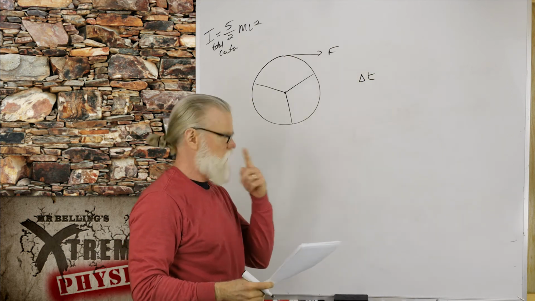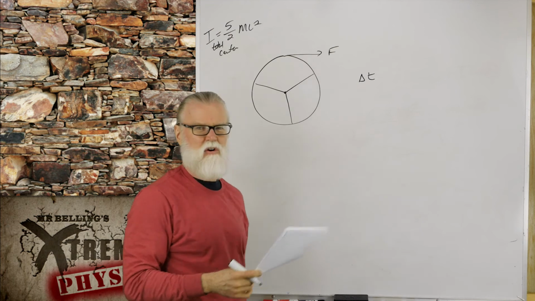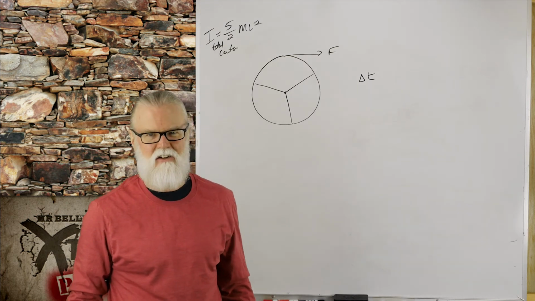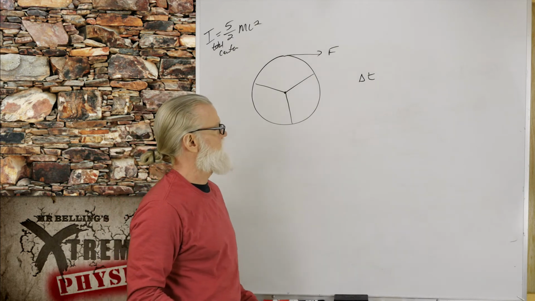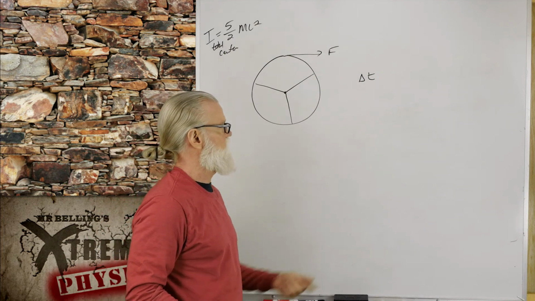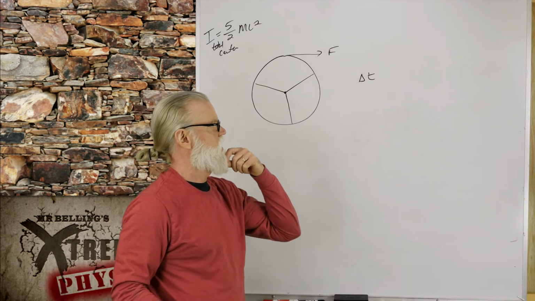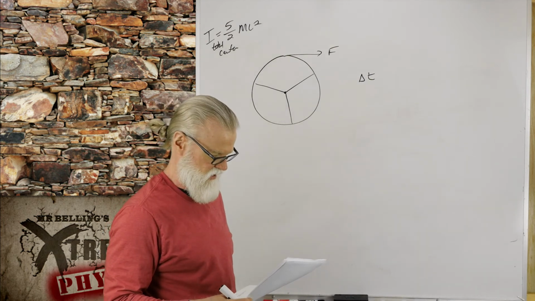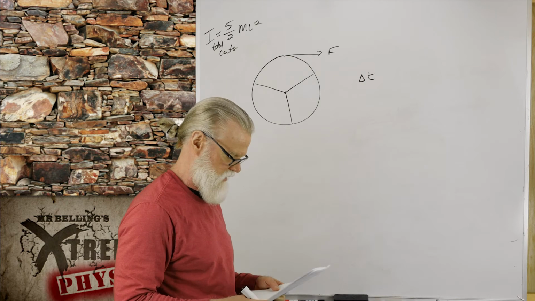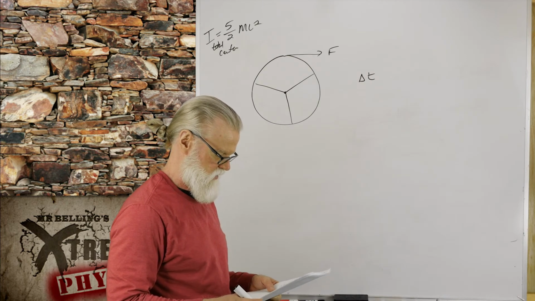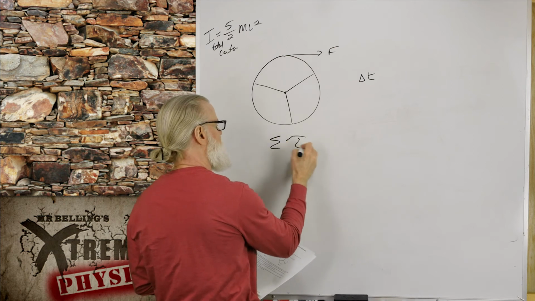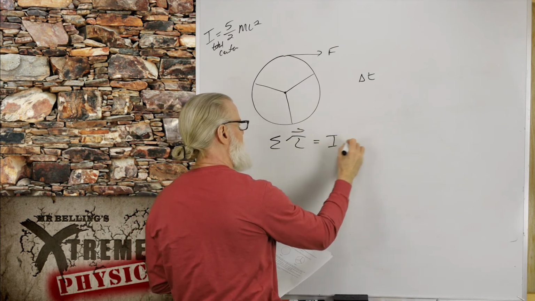It looks like we can figure out the net torque on this, and if you know the net torque, you can figure out the angular acceleration. And if we know the angular acceleration, we can use the circular kinematics equations to find how fast it's going later. Derive an expression for the angular speed of the hoop rod system. We could sum the torques, which is going to be easy, is I alpha.